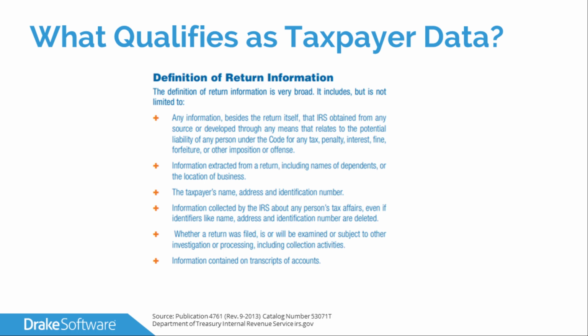And item number 4 is an interesting one because it incorporates information that is collected by the IRS about tax affairs, even if that PII, that identifiable information, is deleted.